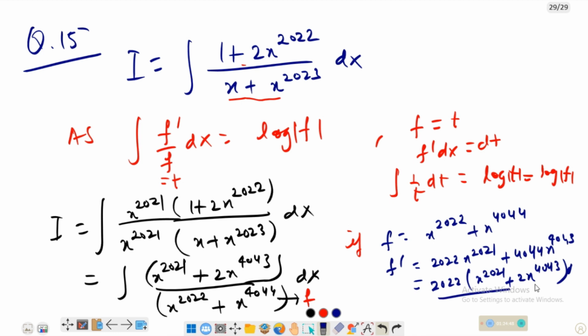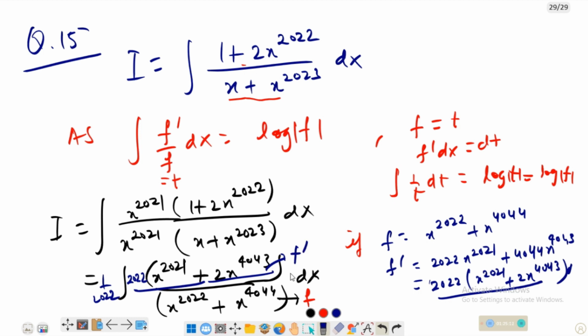So this is our f dash, but there is a sum. This part is not here, so I multiply this quantity and divide by this quantity. If we multiply by 2022 and divide by 2022, we get our f dash.